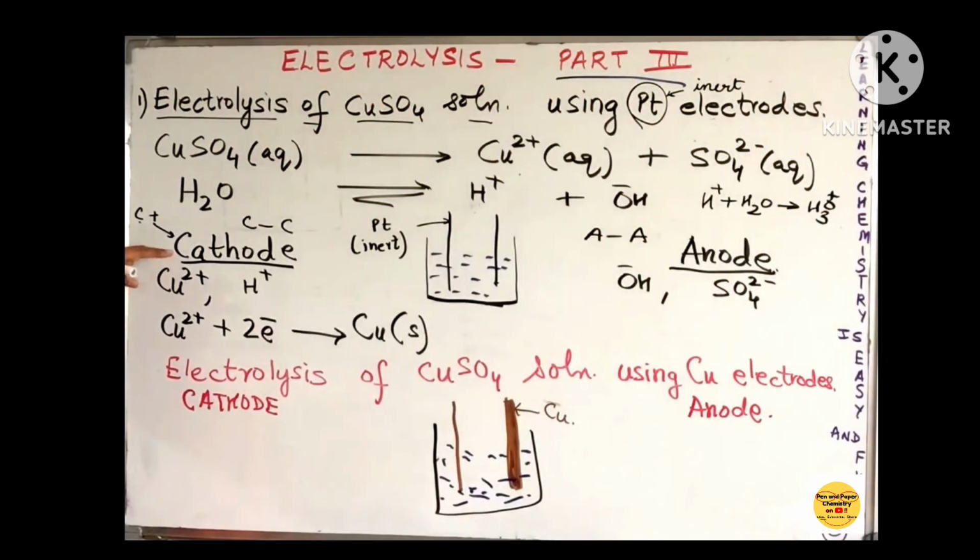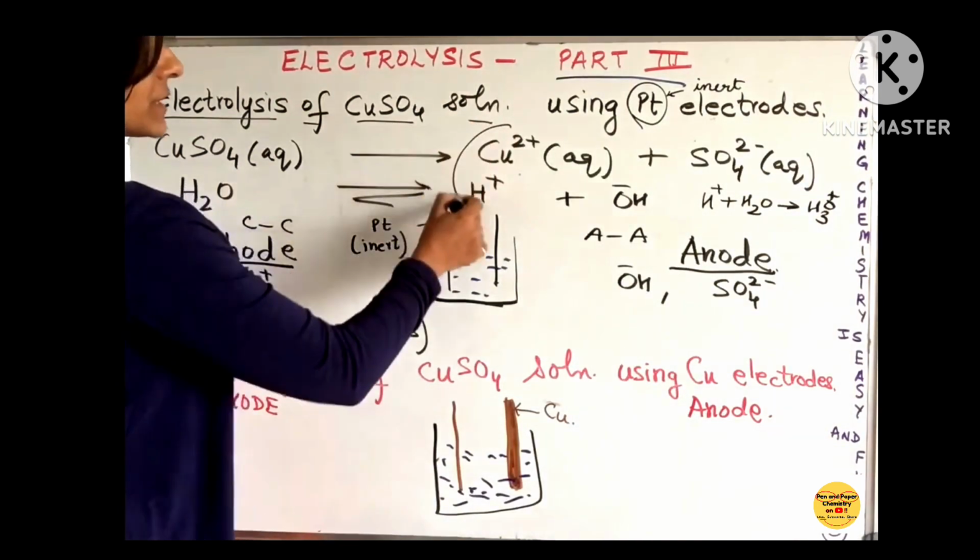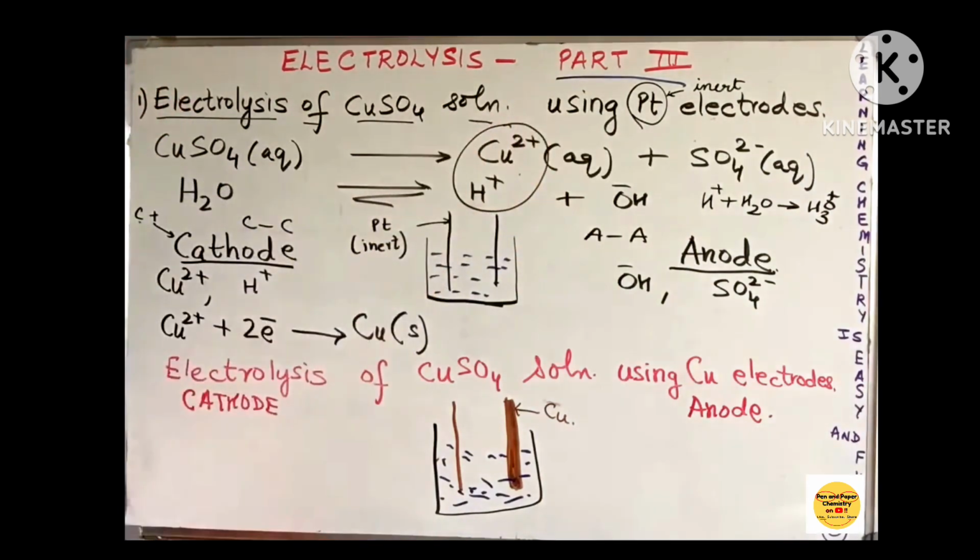So the cations, we have two cations over here, copper and hydrogen. Copper and hydrogen both are competing with each other in order to take up electrons. Copper needs 2 electrons, whereas hydrogen needs a single electron.